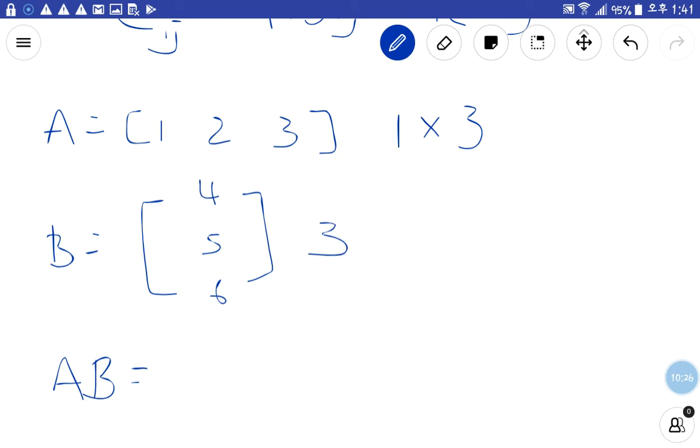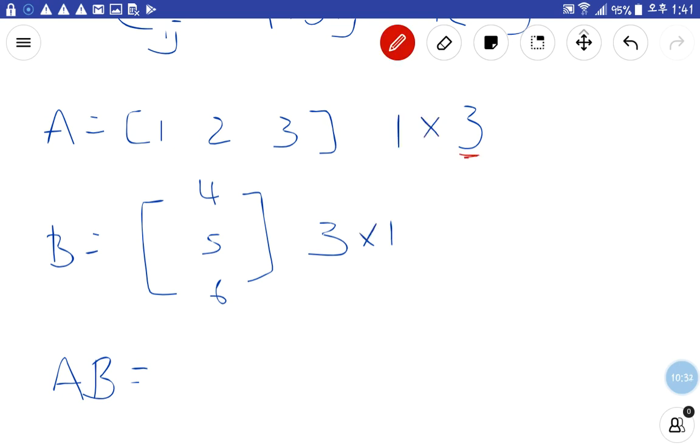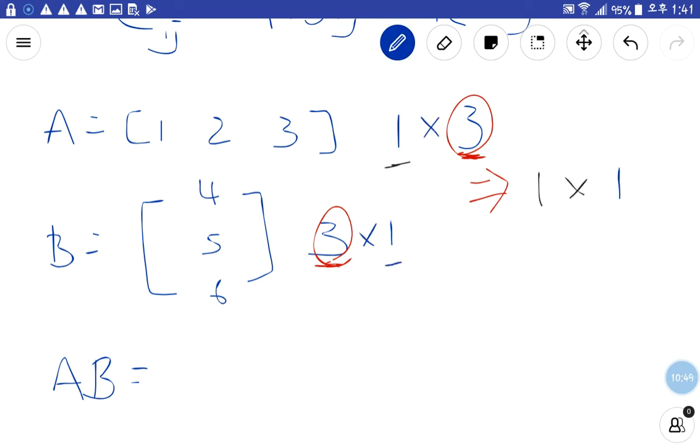Only 1. As I explained before, you check the number of columns of the first against the number of rows of the second. Oh, they are the same. So what is going to be my answer? This first number goes here, and this second number goes here, so my answer comes out as 1 by 1, which is just a single answer.